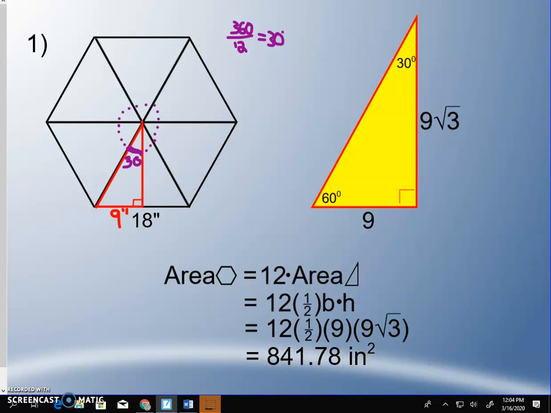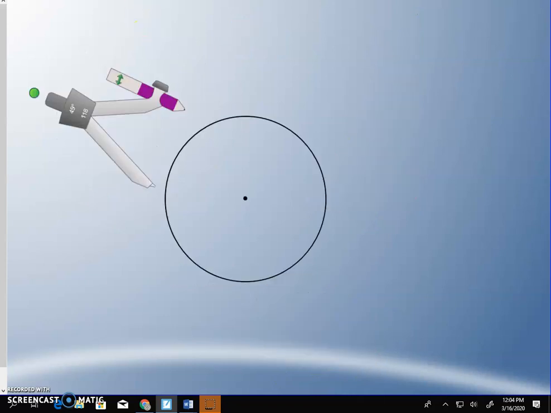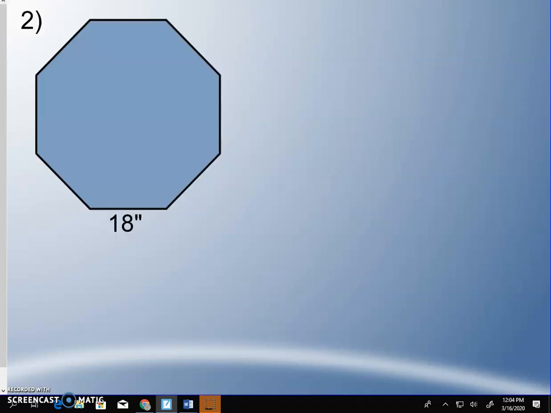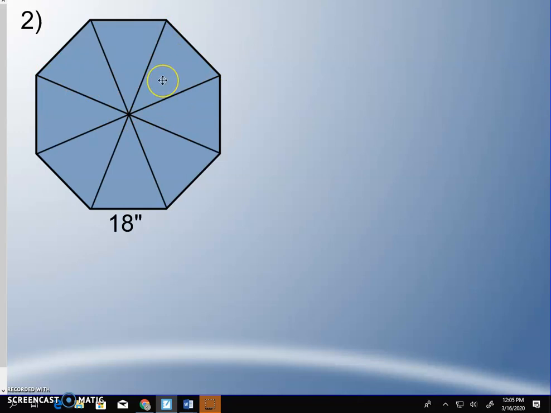Let's try another problem. We'll come back to this later on when we meet in person. Let's take a look at problem number 2. Problem number 2 deals with this regular polygon, and I'm counting the sides, and I'm counting 8 sides. So this is a regular octagon. And again, if I divide this up into a series of triangles, I get 8 congruent triangles.